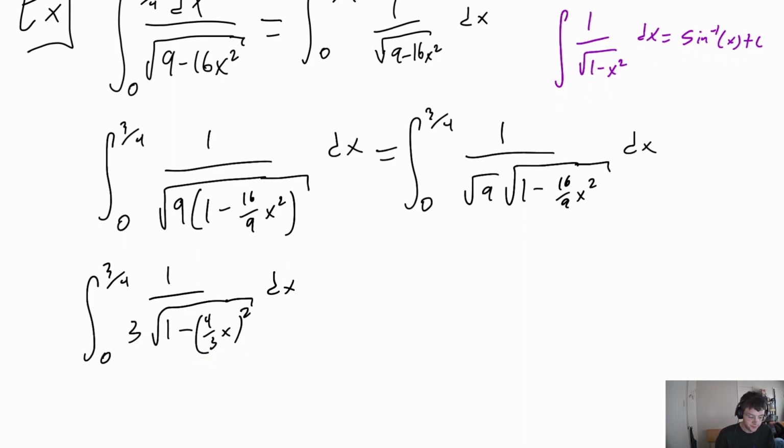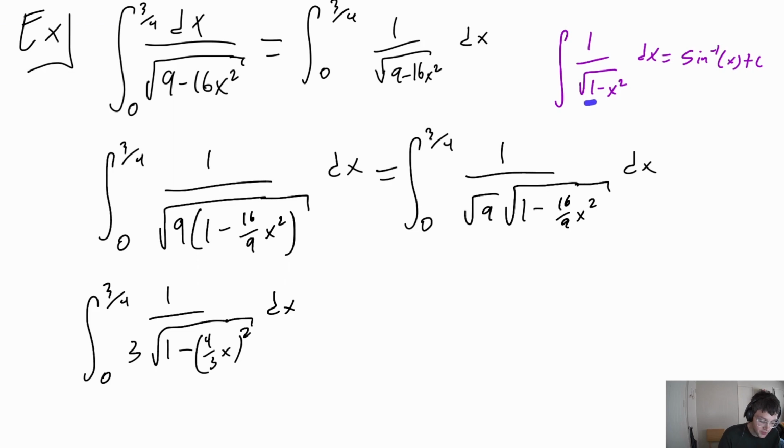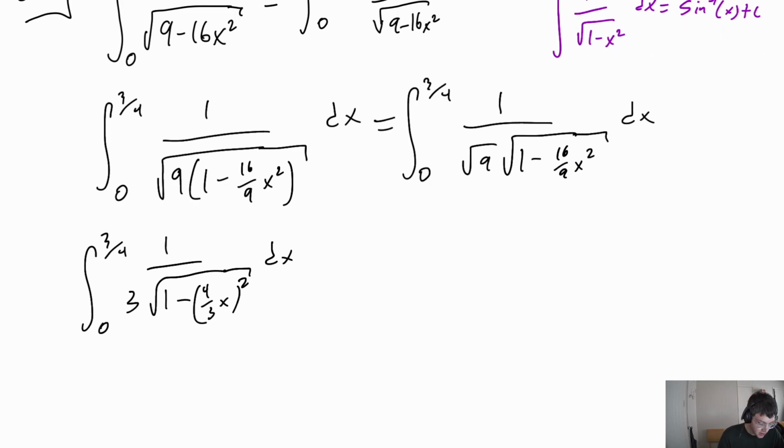Well, remember, what I want is 1 minus some term squared. I don't want any coefficients in front of this x here. I don't want any coefficients in front of the term. So what I have now is 1 minus some term squared. Now this term does have a coefficient, but we can get rid of it via a u substitution.